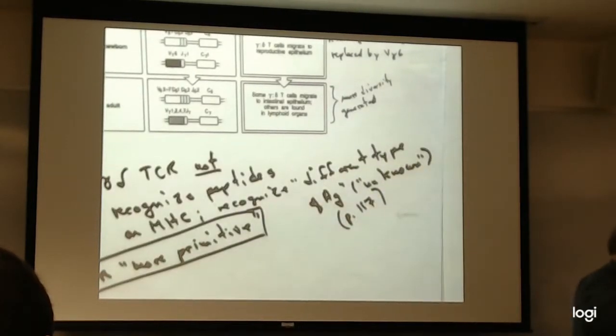They recognize a different type of antigen. We basically don't know much about them. I'm sure there are highly knowledgeable, specialized investigators who would take outrage when I say we don't know much about them, but most of us don't know anything about them.